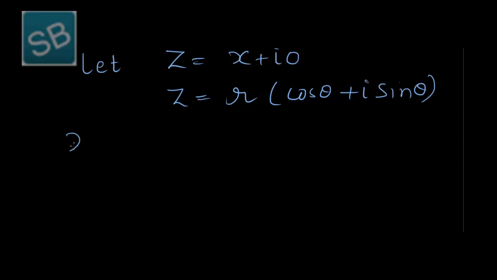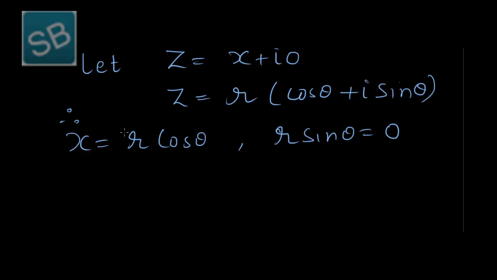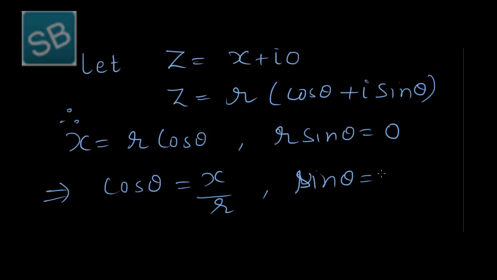Therefore x is equal to r cos theta and y is equal to r sin theta, that is y is equal to 0. So from here we get cos theta is equal to x over r and sin theta is equal to 0 over r, that is 0.